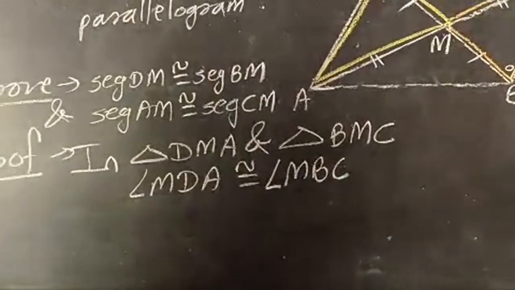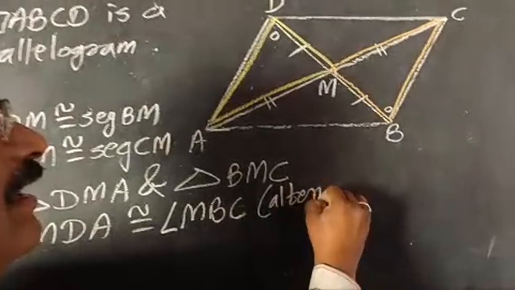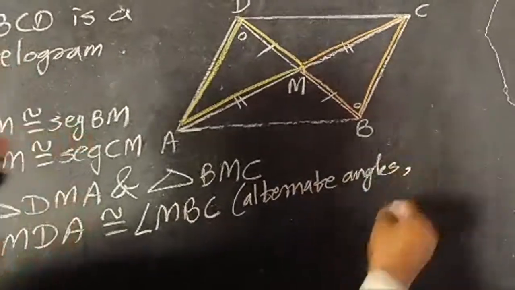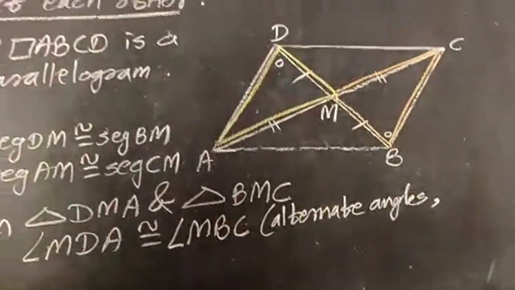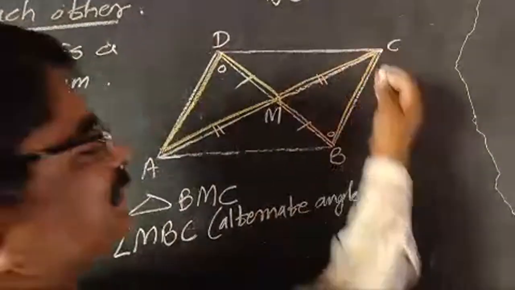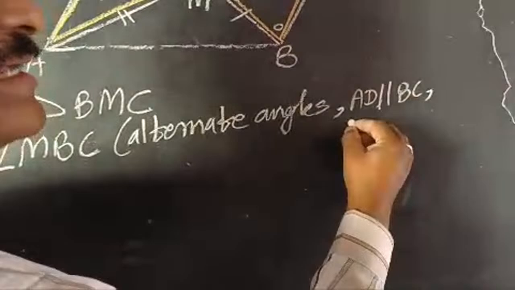And the reason is alternate angles, yes, correct. And which lines are parallel? Yes, AD and BC are parallel. And the transversal is BD.